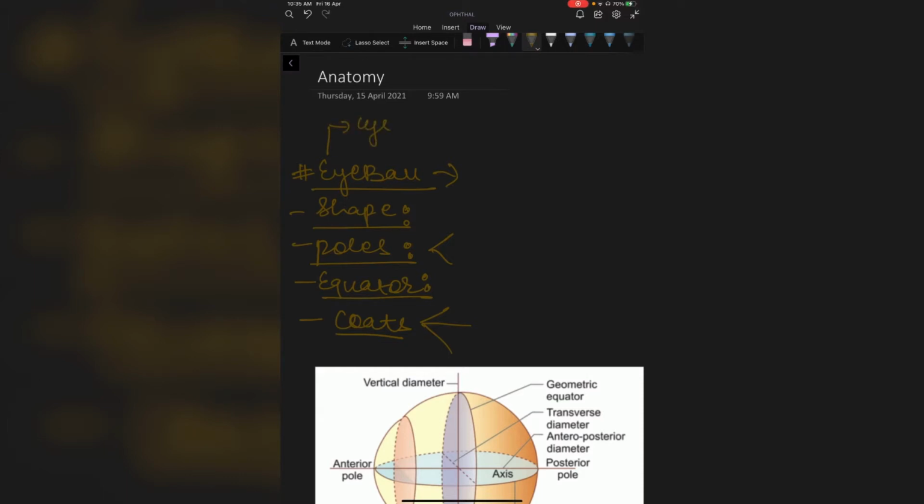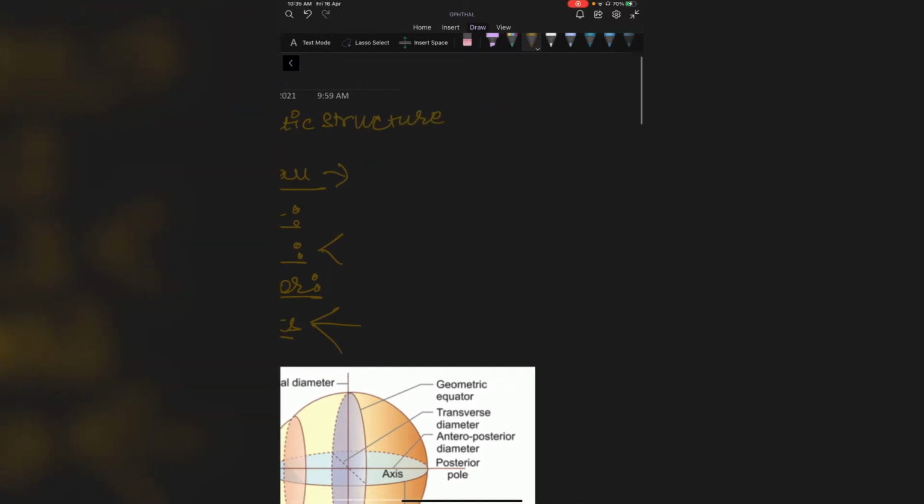Eyeball is a cystic structure, which means that there should be some fluids or fluid-like substances present, and so they are present. Aqueous humor is one of the substances which is present, and the other one is vitreous humor.